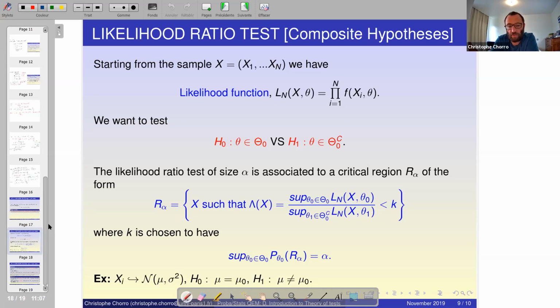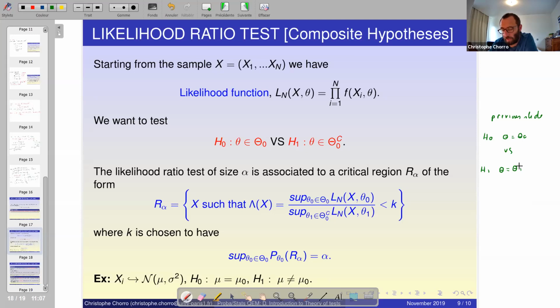So now I want to test more complex hypotheses. Previously, in the previous slide, I was interested in H0, that is theta equal to theta 0, versus H1, theta equal to theta 1.